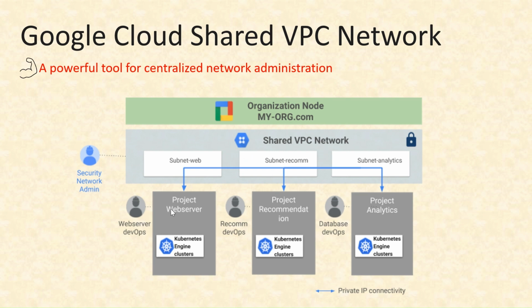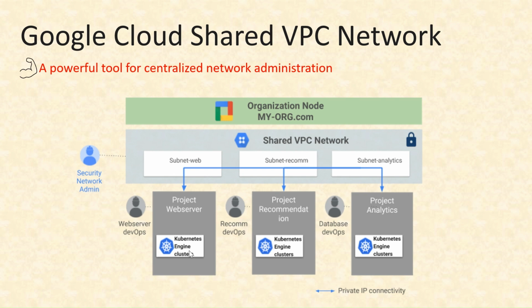These three projects are the consumer projects. You can have multiple service projects. So shared VPC works on a host and service project model, where the host project is where your shared VPC network is hosted, and the service project is where your compute engines and all your resources will be hosted.